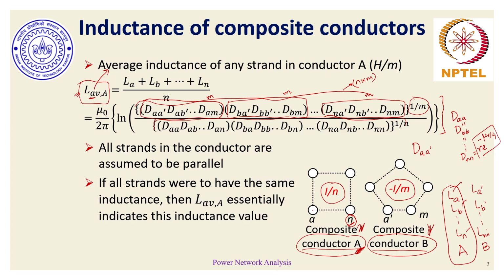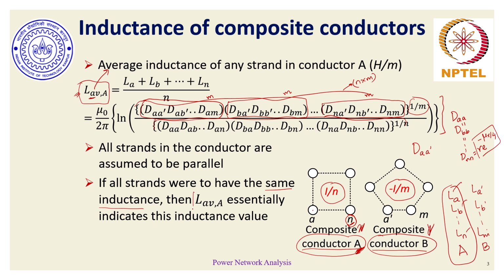So L_AV,A, which is the average of the inductance of all strands in composite conductor A, could be assumed to be the same inductance for every strand because their properties are more or less the same.